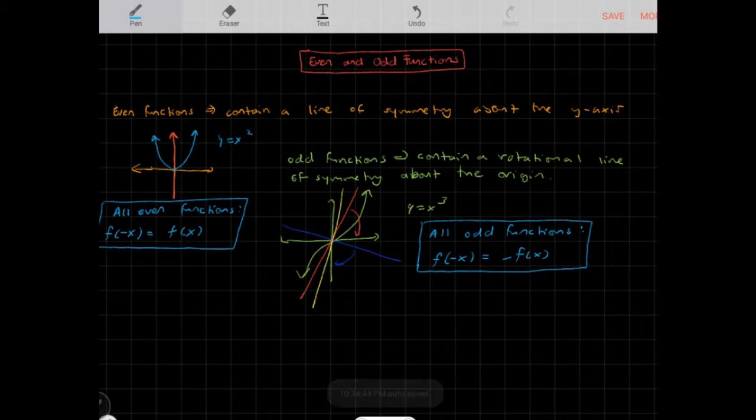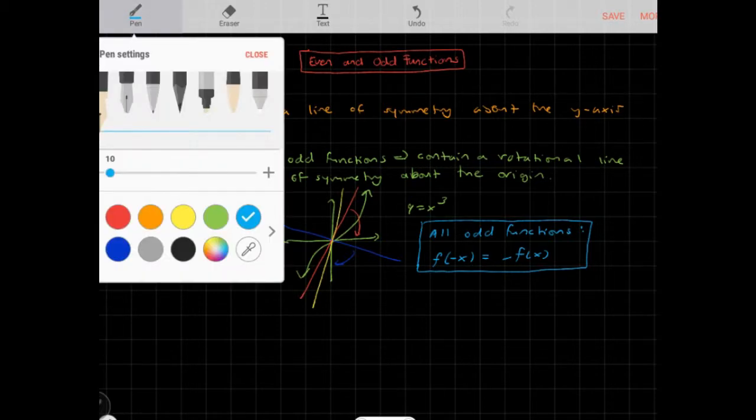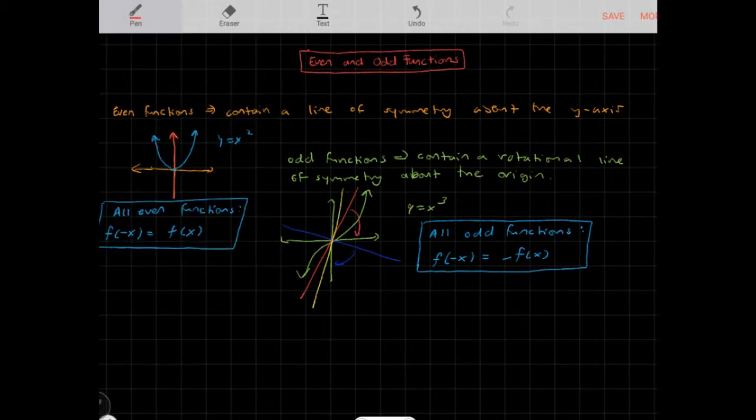Okay, so I'm going to demonstrate this using an example. Like, for instance, if the function f of x is equal to x cubed plus 5x, right? You want to test to see if it's an even function or odd function.